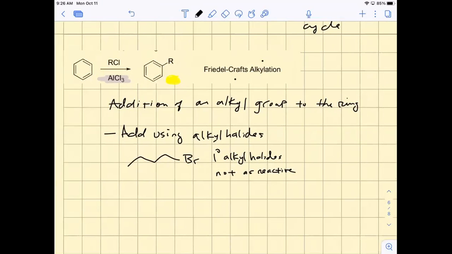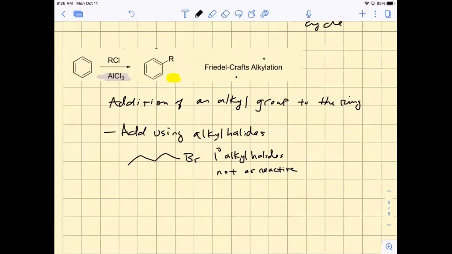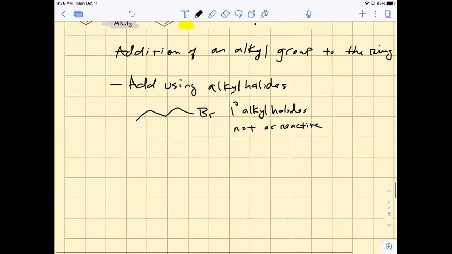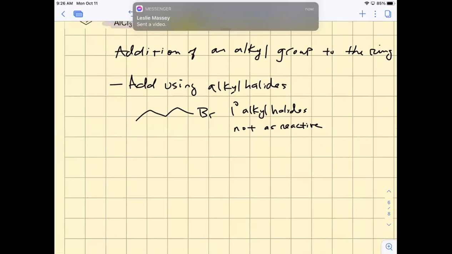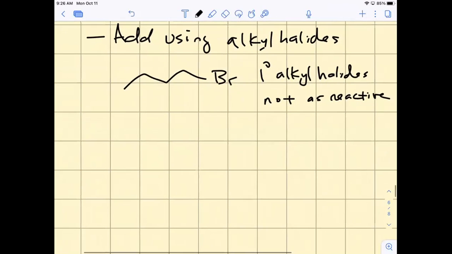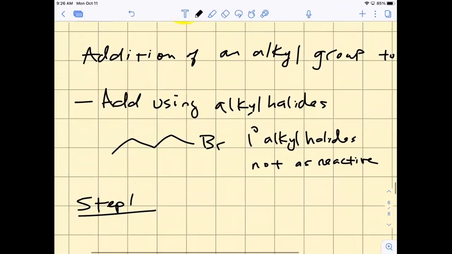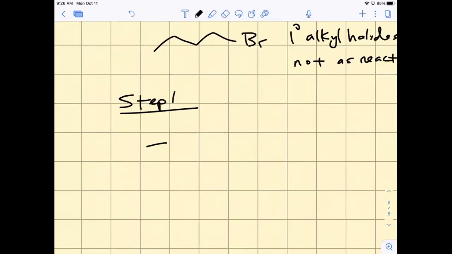So let's go through the mechanism here. So here we're going to start with step one, which is the activation of your electrophile. So we're going to start with something different. I'm going to start with something like this.